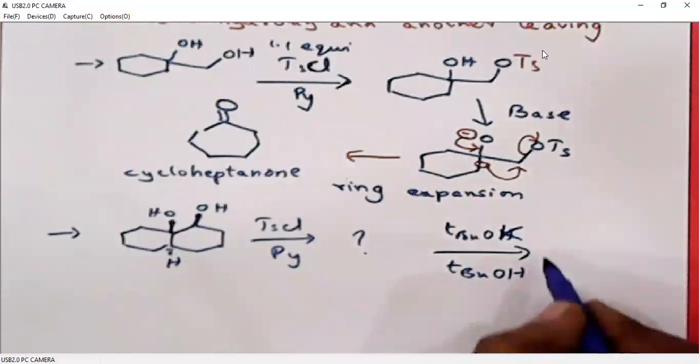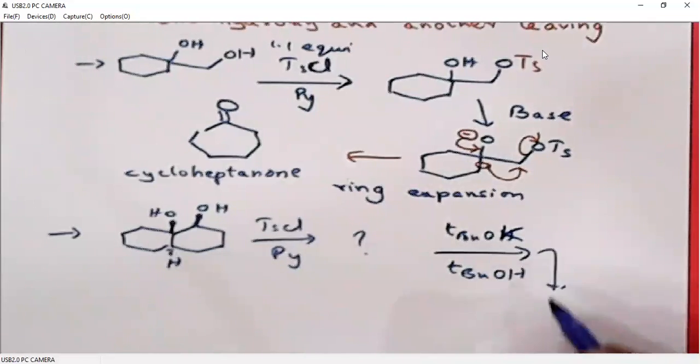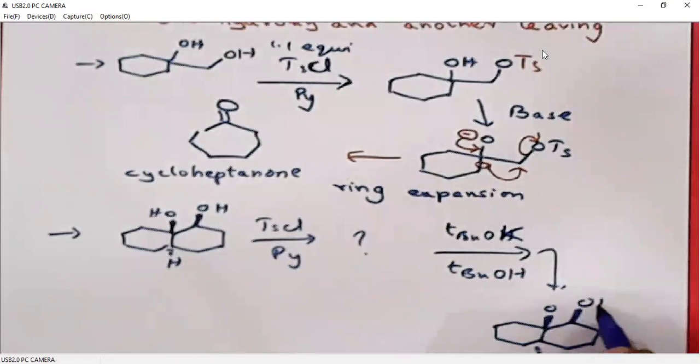So it generates a negative charge on this oxygen. This negative charge will be polarized, so it generates a carbon-oxygen double bond.